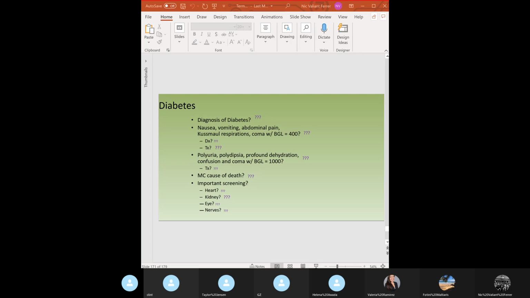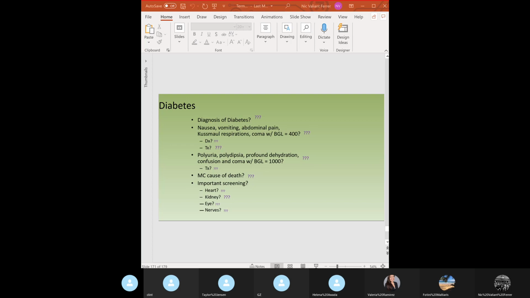It's the hyperosmolar state. Excellent. HHS. So what's the treatment for this? High volume fluid and electrolytes, and you may require insulin.